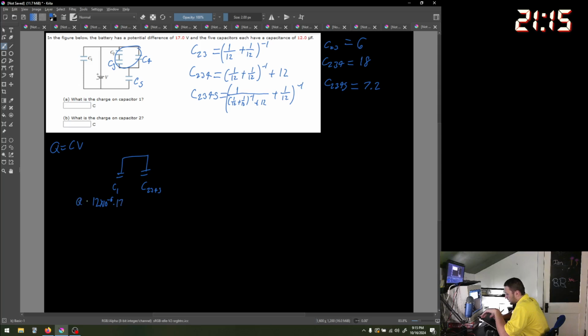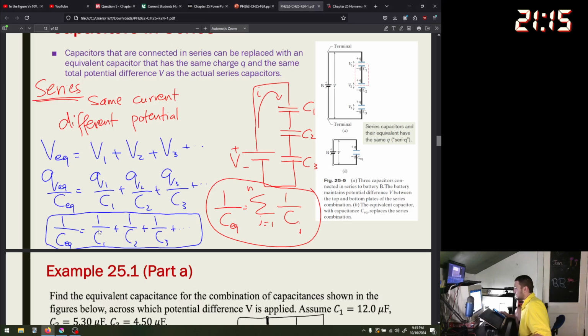This is going to be Q for C1. This is going to be 2.04 times 10 to the negative 4th. So now we actually have answer A.